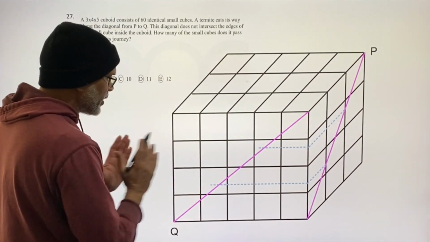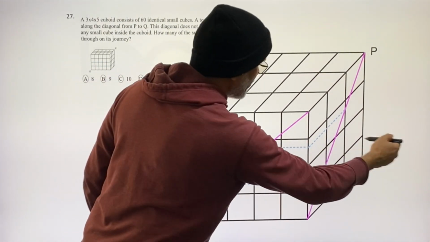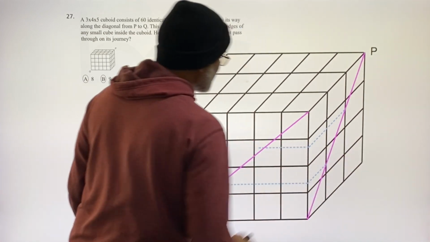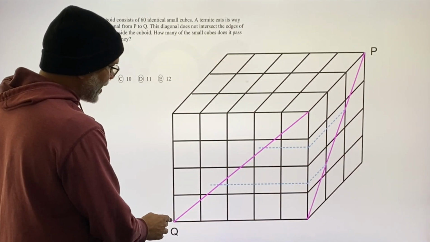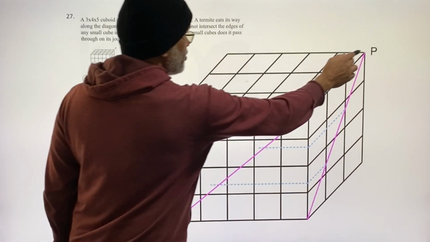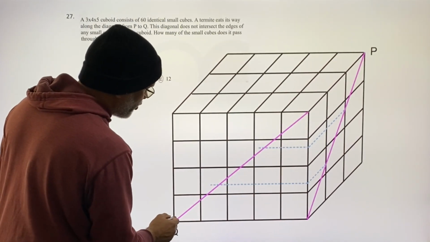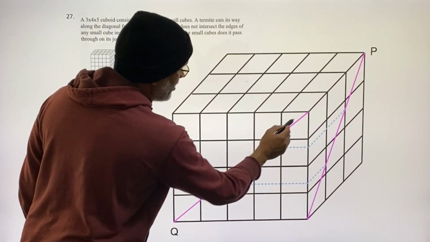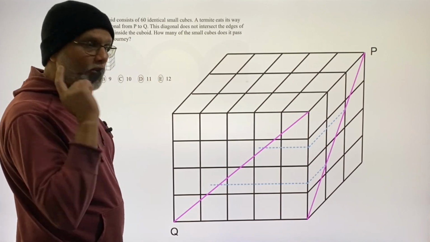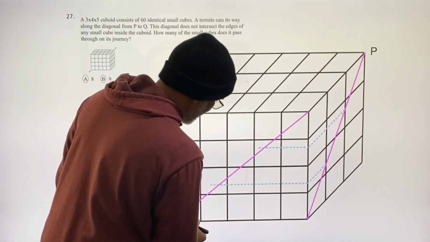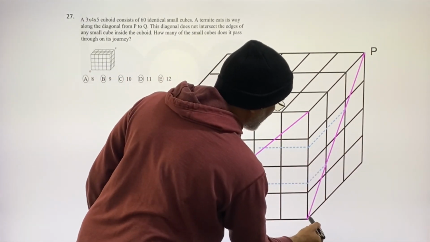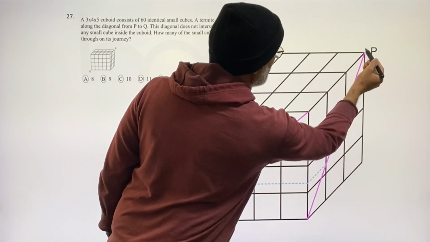I'm standing looking through this face, and you are looking straight through this face. When the termite is going from Q to P, I will see it go like this to here, but you will see it going from here to here.